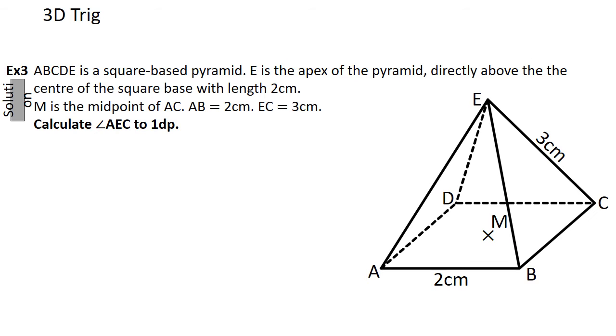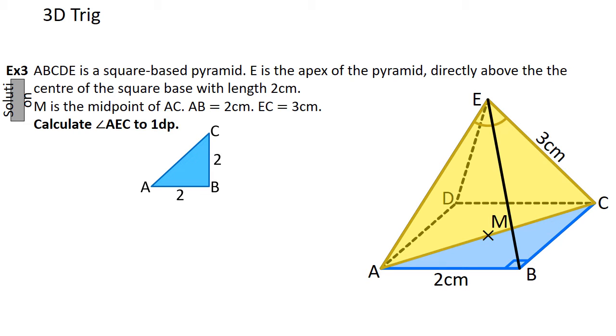So calculate ACE. The first thing we're going to do is find the length AC and then halve it. We know that it's 2 centimeters by 2 centimeters, the square base. So to find the hypotenuse, it's just 2 squared plus 2 squared and square root it, so it's basically square root of 8.